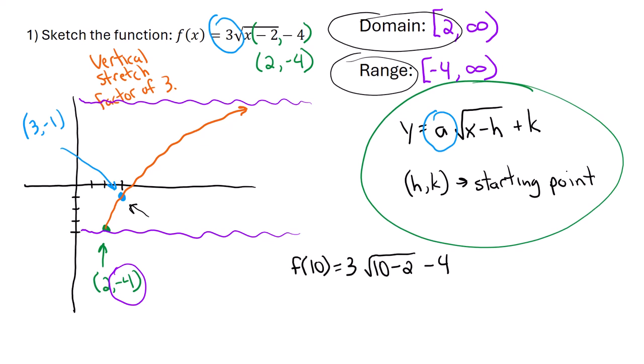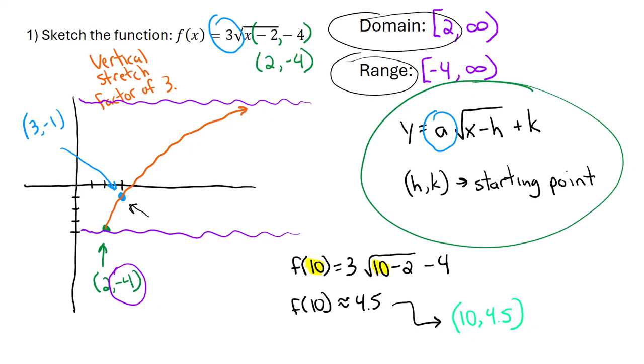So what I did right here is just set up my function, and I'm evaluating it for 10. So I'm going to replace the x's with 10. That's my input. And then you can evaluate, you do the math, and that'll kick you out the output. That'll be the y value that goes with that x. So in this case, if you plug in the 10, it'll be approximately 4.5 for the y.